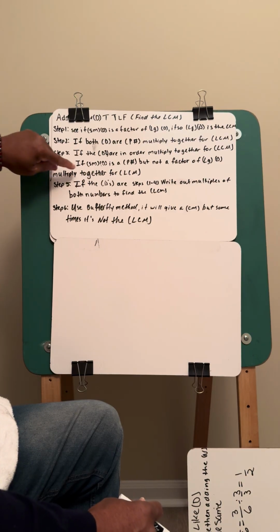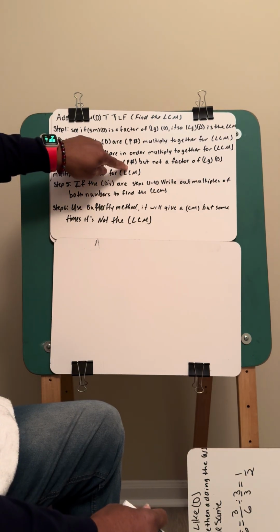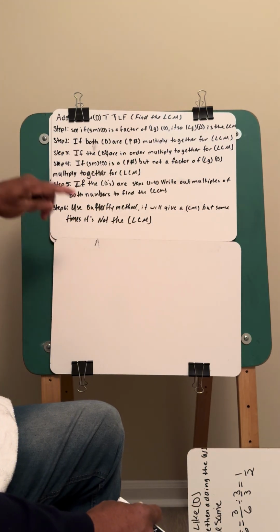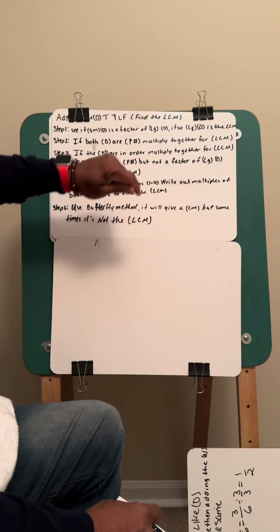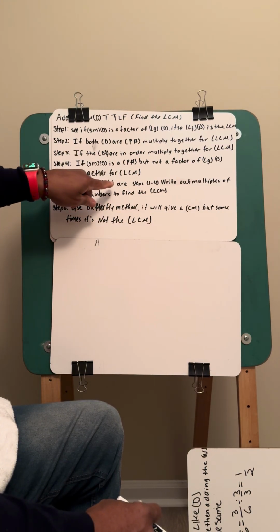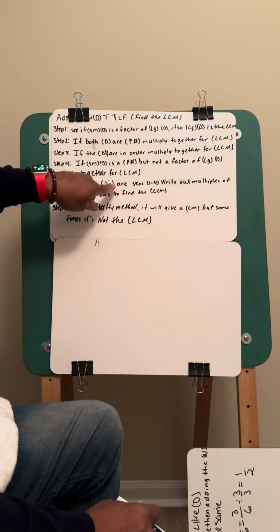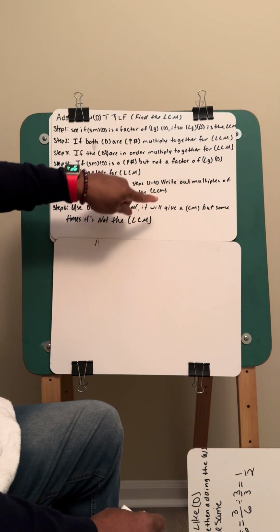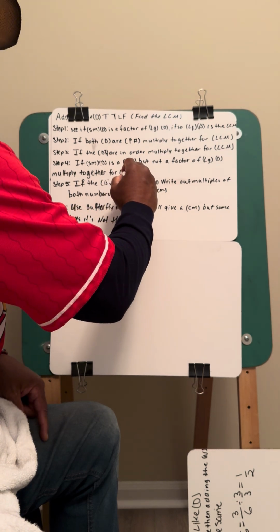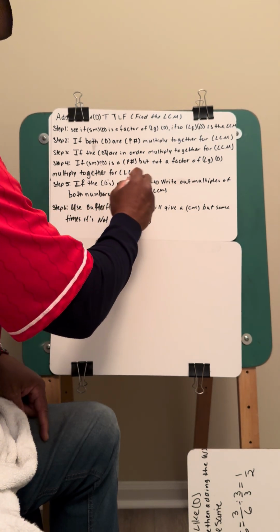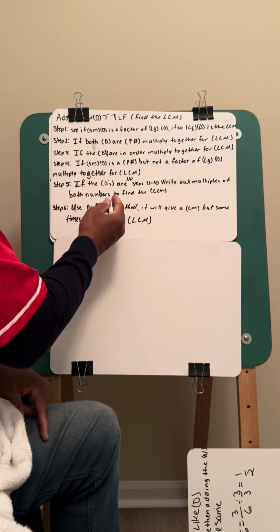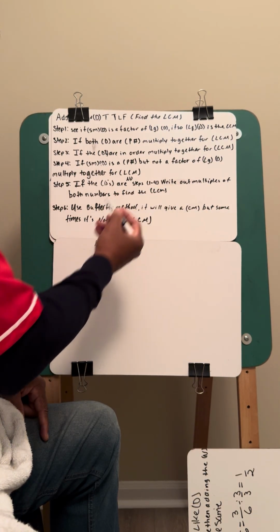Step 4, see if the small denominator is a prime number but not a factor of the large denominator. Multiply together to get the LCM. Number 5, if the denominators are not in steps 1 through 4, write out the multiples of both numbers to find the LCM.